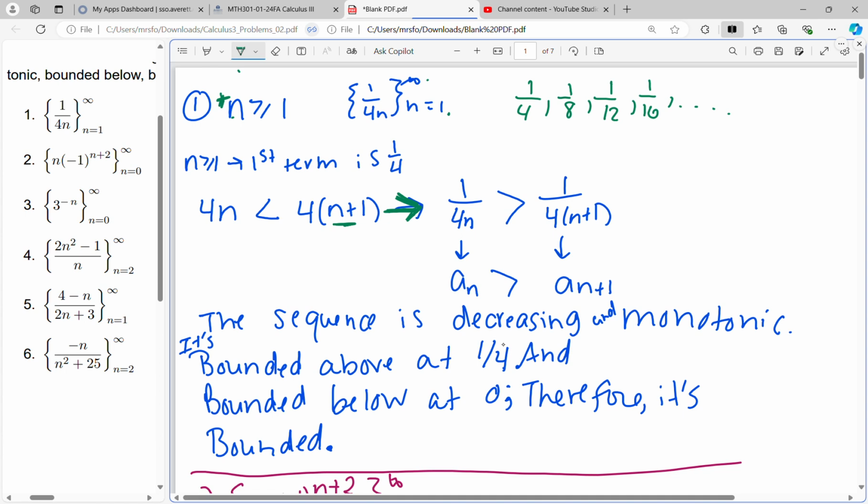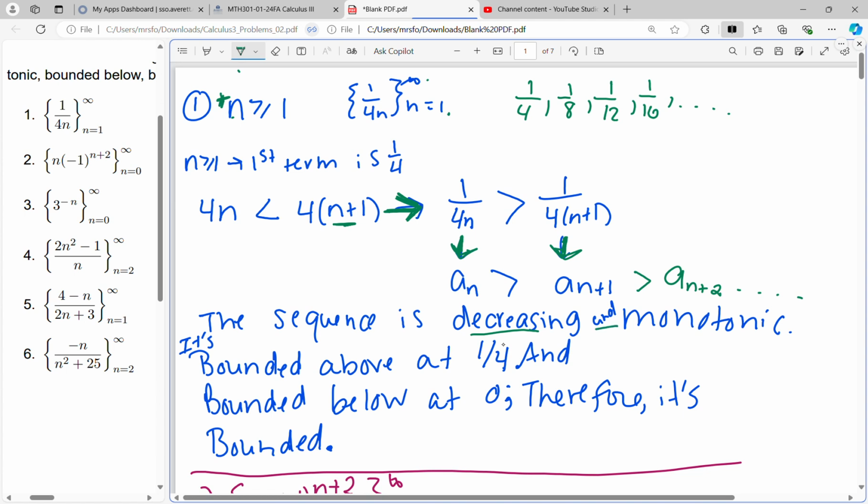So this right here was our first term, a sub n. This represents our second term. So this is showing that the first term is greater than the second term, which would then also mean that the second term is greater than the third term, and so on. So this sequence is decreasing.